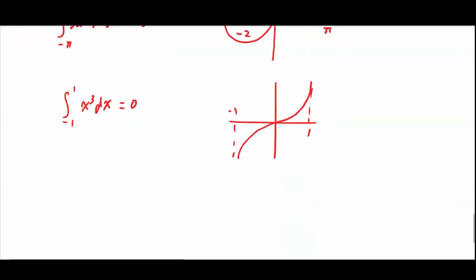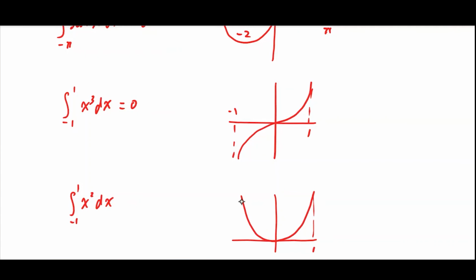Okay. Now, what about if you have an even function? Say x squared dx. If you have -1 to 1, of course, that looks like this. Here's 1 and here's -1, right?